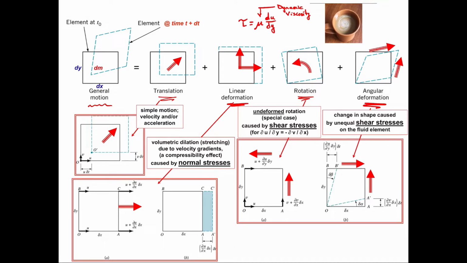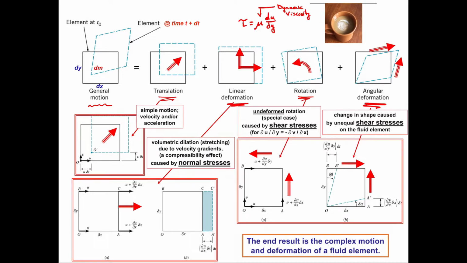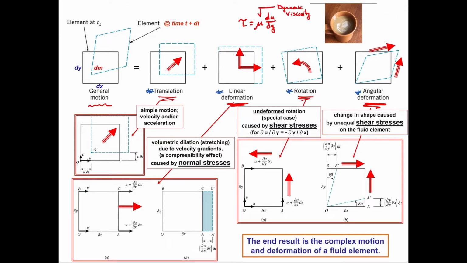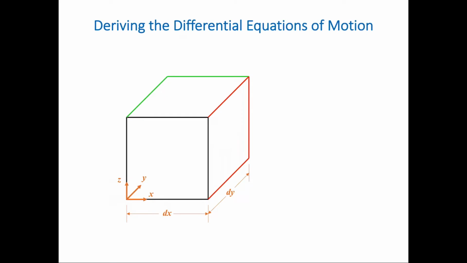That comes into play for both shear stress for rotation as well as angular deformation. By the way, if you combine all of these, you can get this complex motion of a fluid element. I realize this slide is very busy, but the main thing I want you to come away recognizing is that translation, linear deformation, rotation, and angular deformation are the governing modes at which fluid moves.